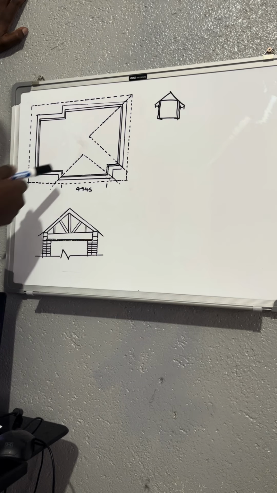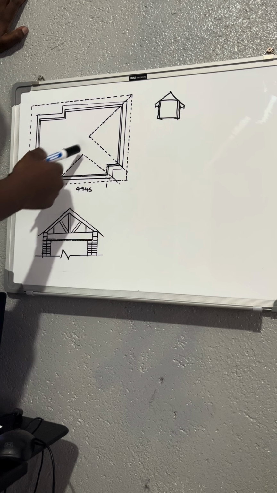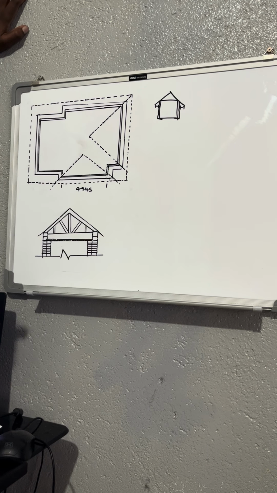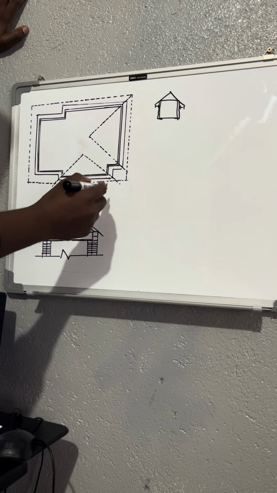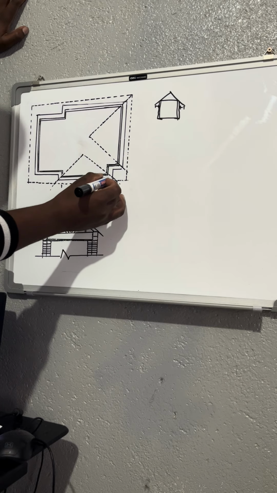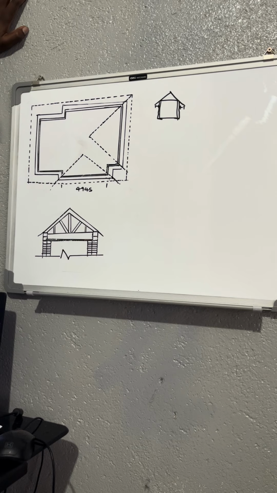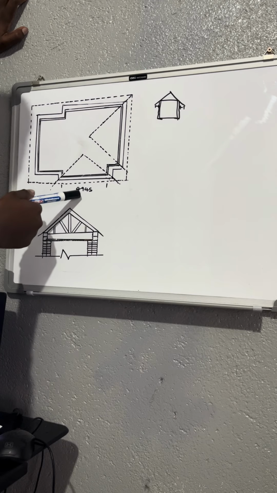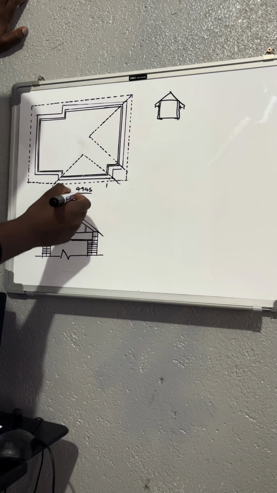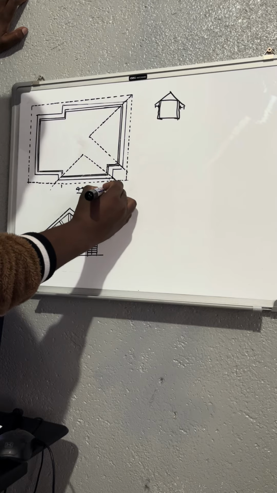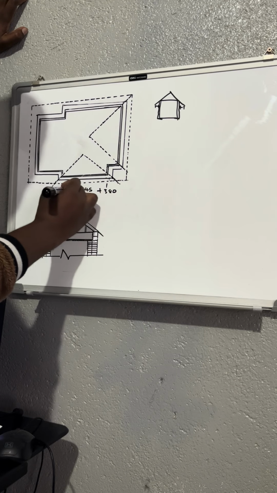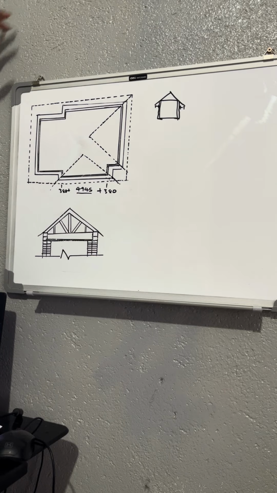As you can see, the roofing is moving in this way and in this way. It's crossing this wall here and also this wall here. So how we're going to do it is that on this dimension that we have, we're going to be adding the 380 on the right and the 380 on the left, since we do not have any given projection.